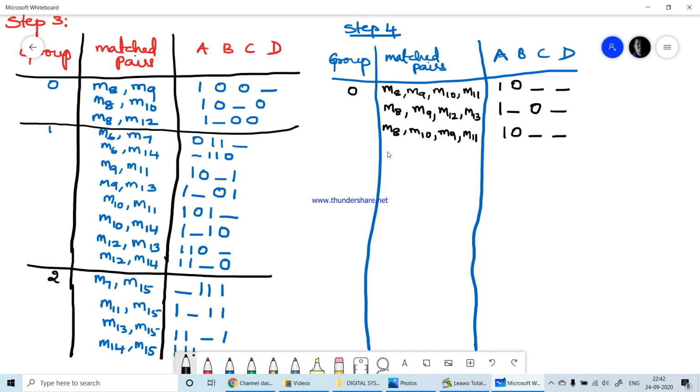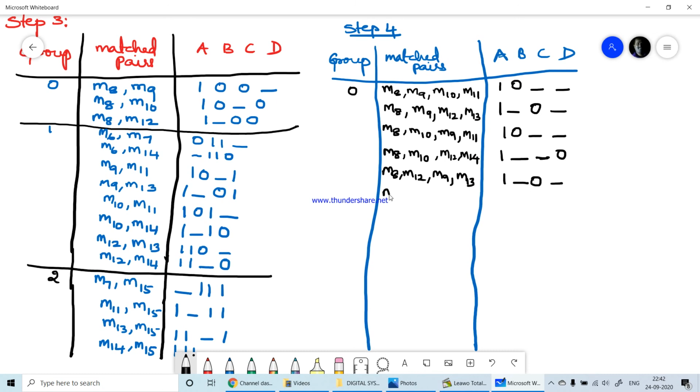Then we'll have M8, M10, M12, M14. So what will we get? We get 1 dash dash 0. Then I have M8, M12, M9, M13. So I'll get 1 dash 0 dash.